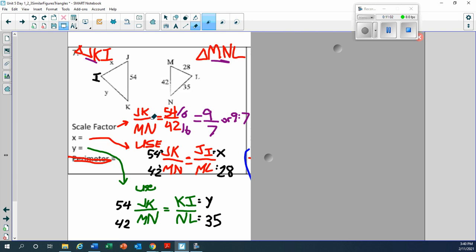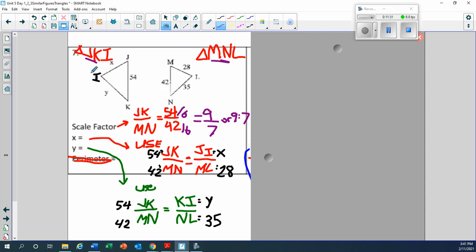So always, if you have your scale factor, use your scale factor first. So JK, that's always going to be used first in your first half of the proportion. Then, for the second half of the proportion, you need to figure out X. Okay, X, we see, is J to I or I to J. In fact, we can use J to I, that's fine.